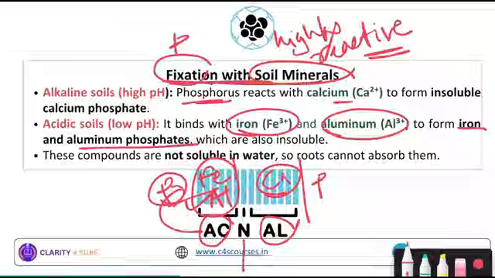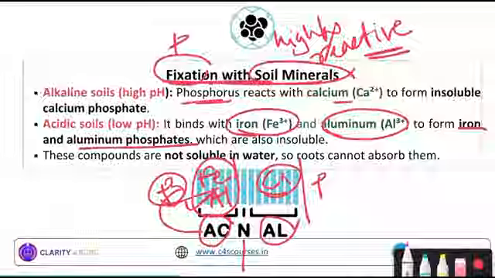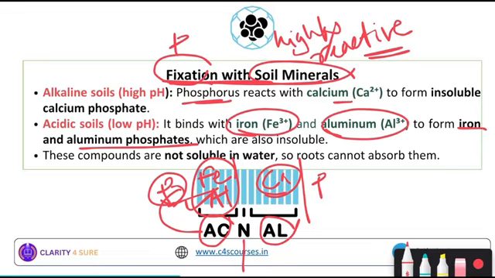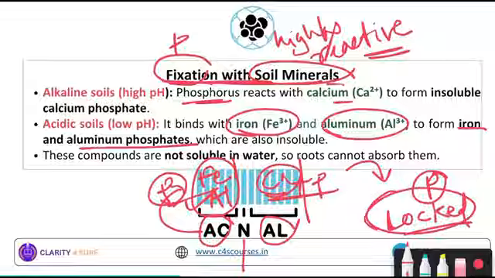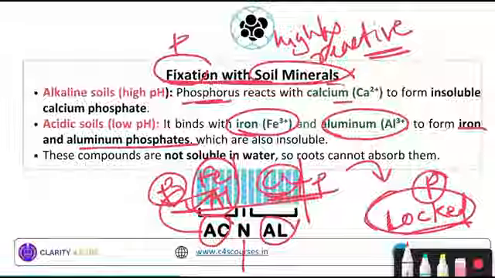It reacted with iron and aluminium and formed compounds like iron phosphate and aluminium phosphate. It made a bond with calcium and created a compound called calcium phosphate. It means phosphorus is locked with these compounds, these soil minerals, making it invisible. Roots cannot see it because phosphorus has made bonds with these.